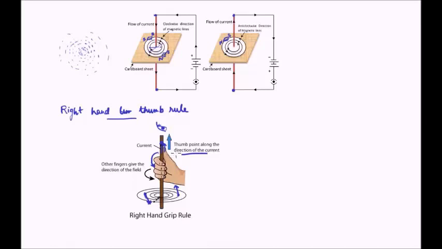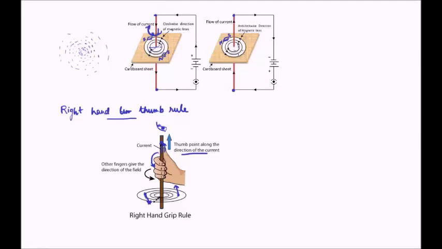Okay, let us extrapolate this and see how this behaves in this scenario. Here our current is flowing from top to bottom. So if you point your thumb downwards and you curl the fingers, the direction of the magnetic field is in this direction, isn't it? If you observe from top, you will see it in a clockwise direction.